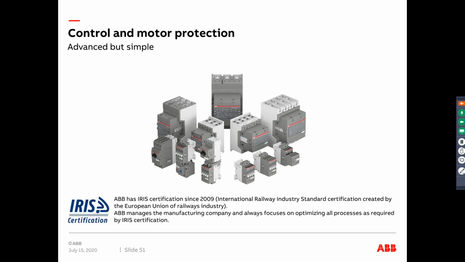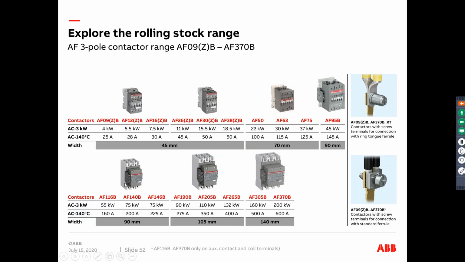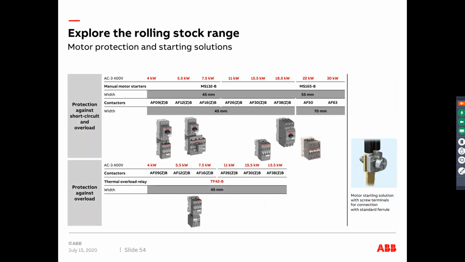We received a certification back in 2009, an international railway industry standard certification. We have products not only contactors but also dual starters, manual motor starters, and overload relays certified. So we have a complete solution for rolling stock.